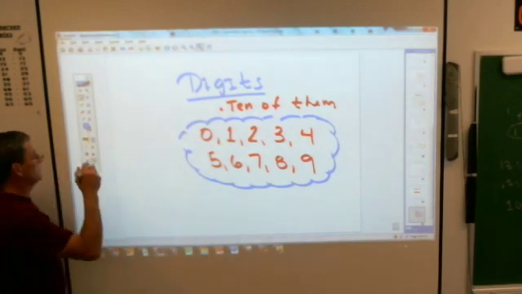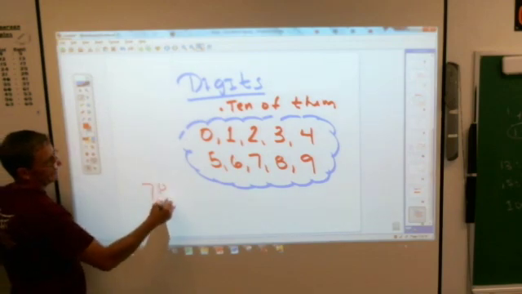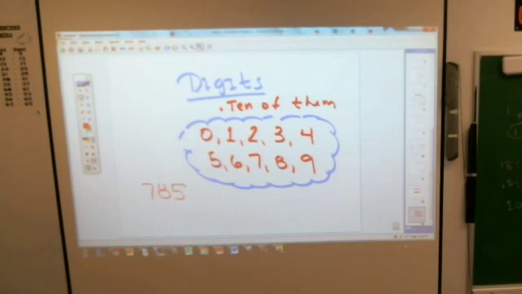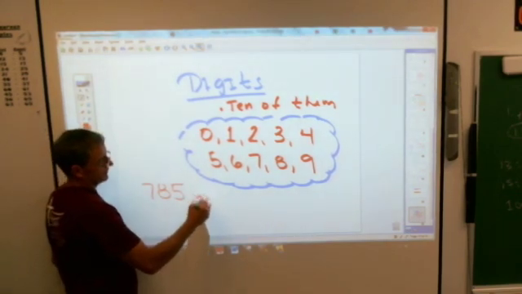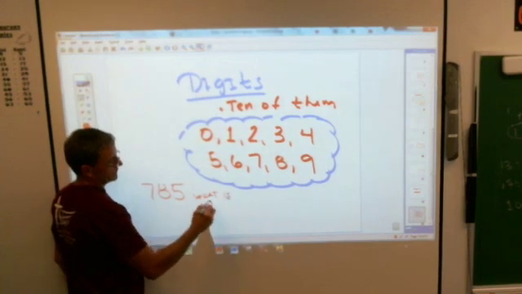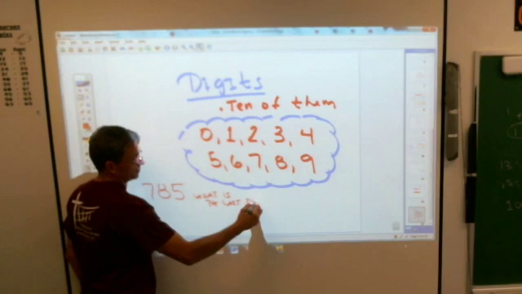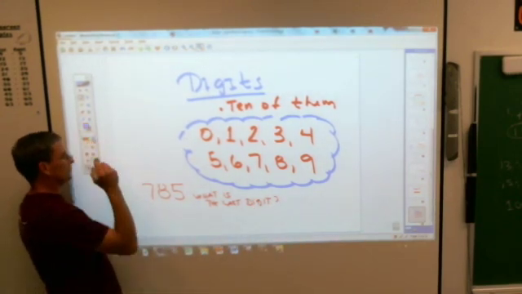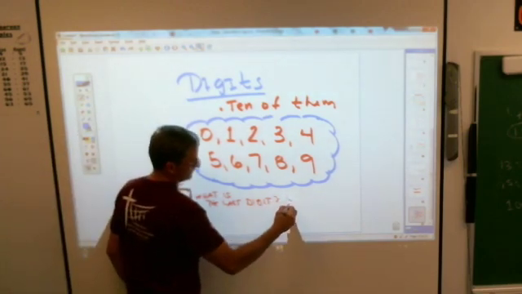So if you see this number here, let's say 785, the book is going to ask you things like, what is the last digit? The last digit would be the one at the end here. The last one is the 5.